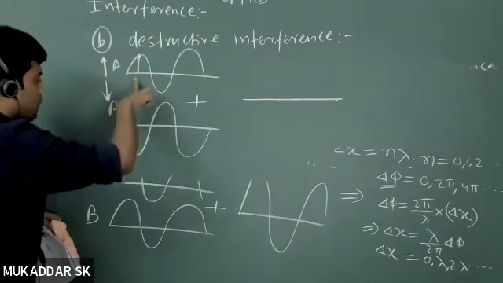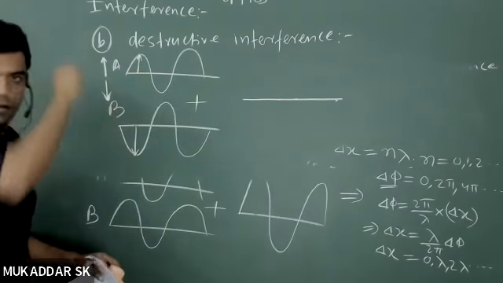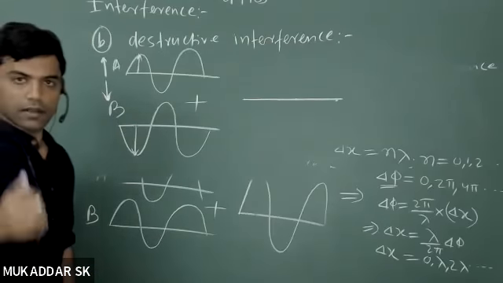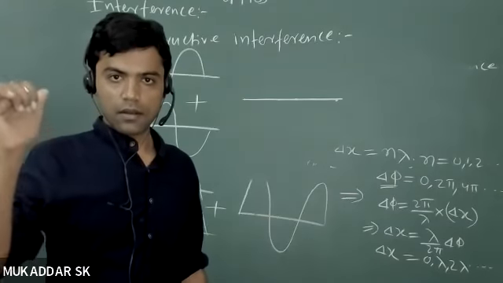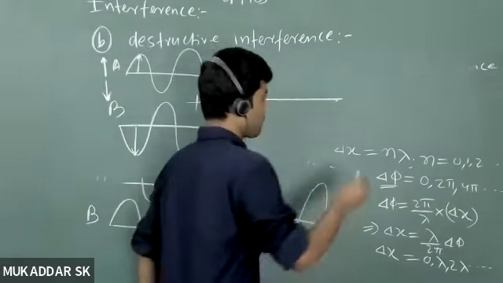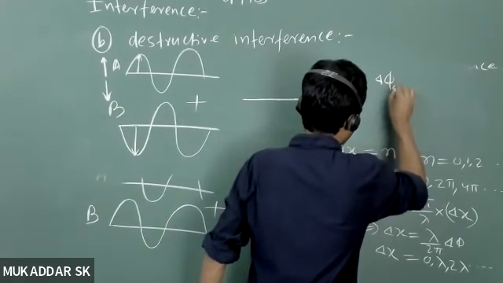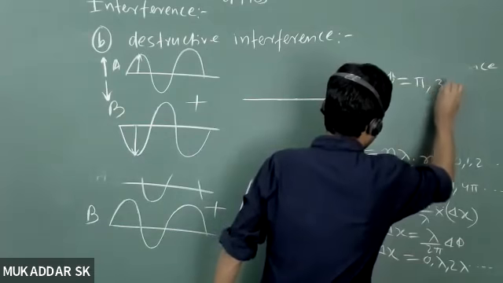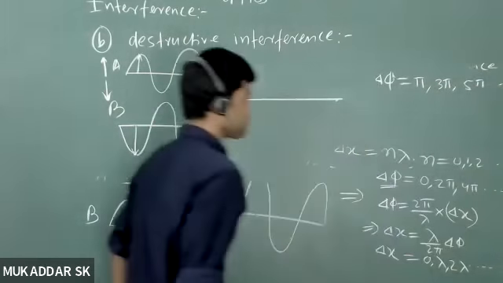So the phase difference will be 180, right? Yes, sir. Destructive interference will only occur in what case? When the phase difference is 180 or 3 pi, 5 pi, and so on. So destructive interference will only occur when the phase difference is either pi, 3 pi, 5 pi, and so on.